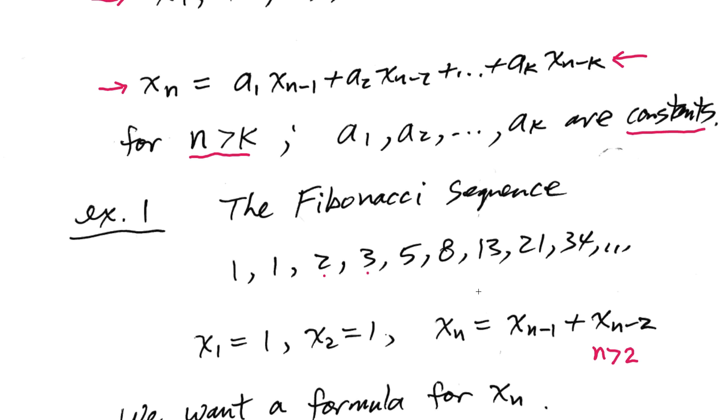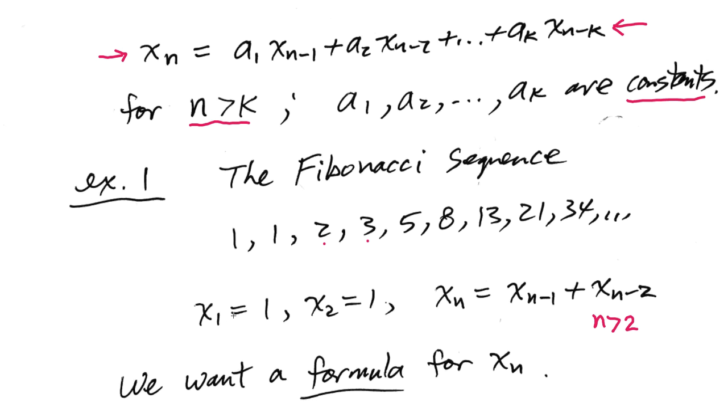Some people might call this initial conditions here. My first two terms of the sequence are given. They are 1 and 1. So x sub 1 is 1, x sub 2 is 1. And then the nth term of the sequence is x sub n minus 1 plus x sub n minus 2.